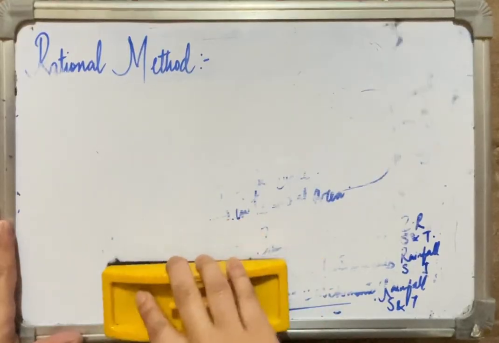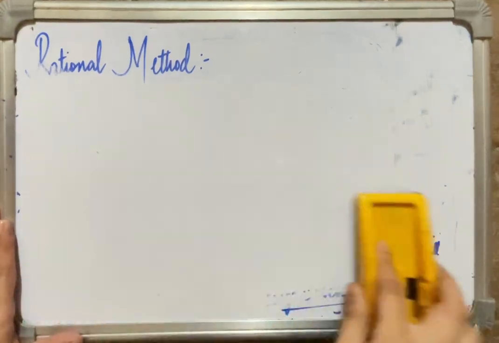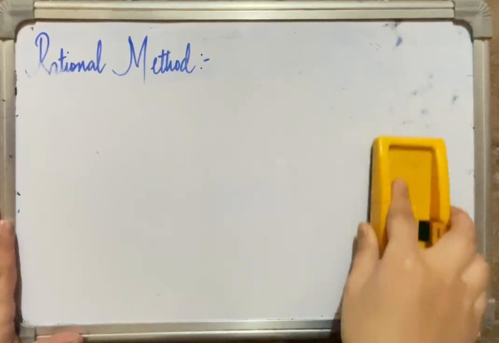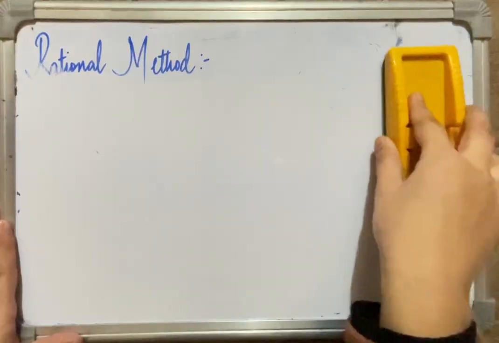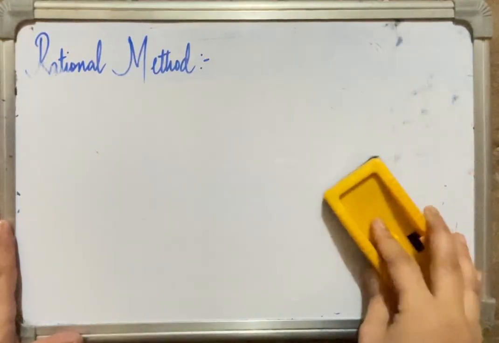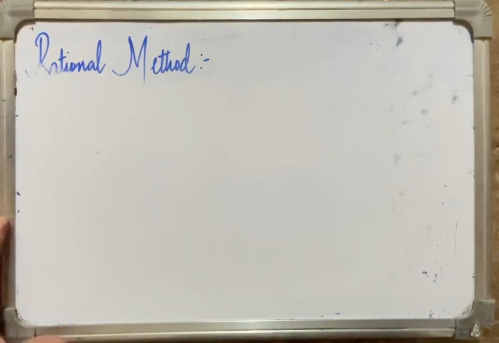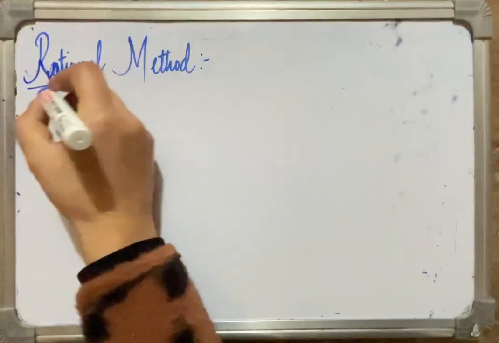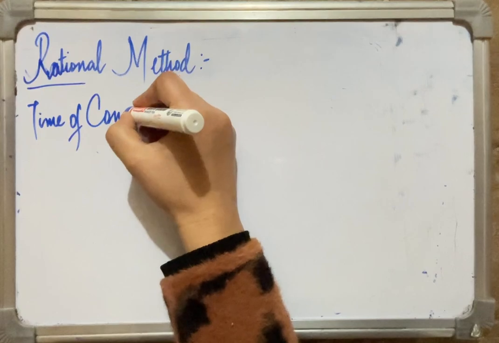All right. So this was about rainfall, the abstractive capability of the catchments, the surface runoff, and the catchment scale. The next thing is time of concentration. Before we formally study the rational method, we are learning about certain terms, because this rational method is based on the rainfall and other characteristics of the area which are to be taken due care of. All right, students. Time of concentration. What is time of concentration for a particular catchment?